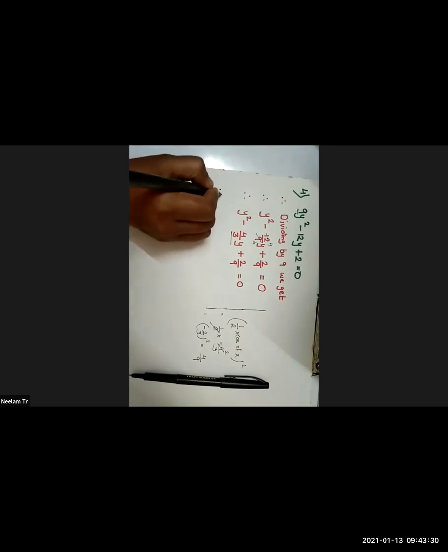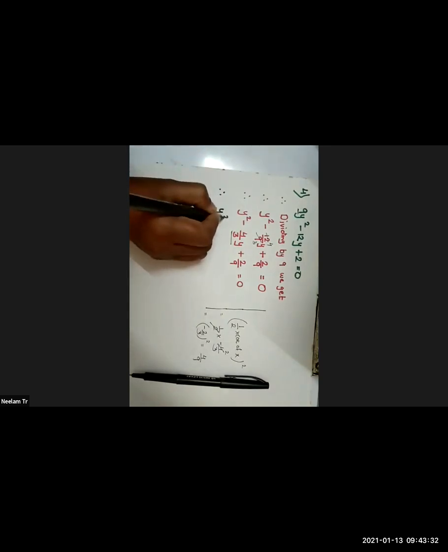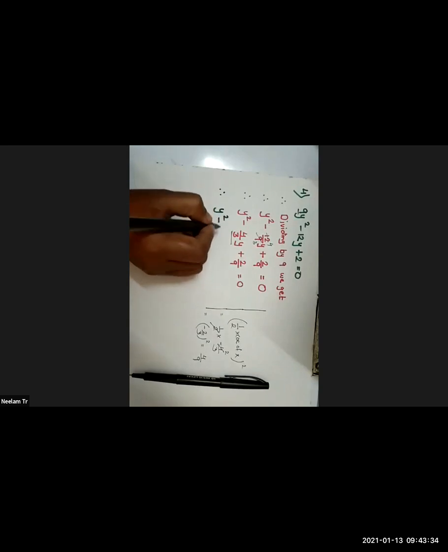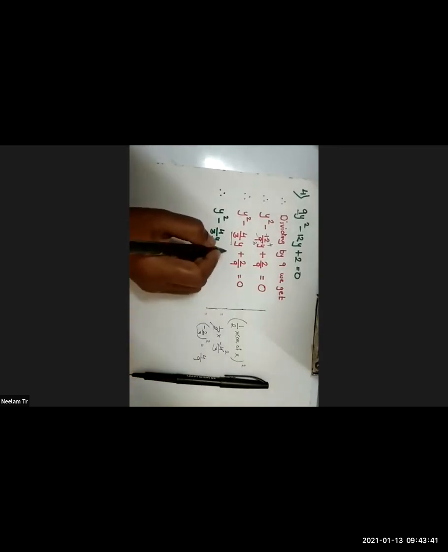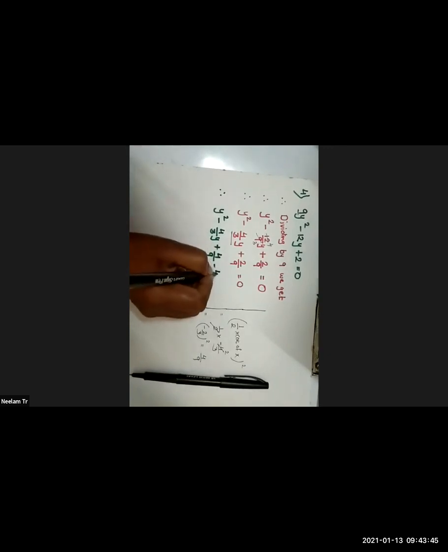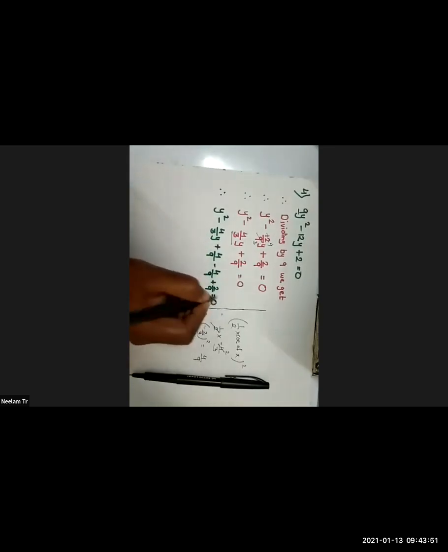Y square minus 4 by 3y and this is plus 4 by 9 minus 4 by 9. What value you will get? Plus 2 by 9 is equal to 0.